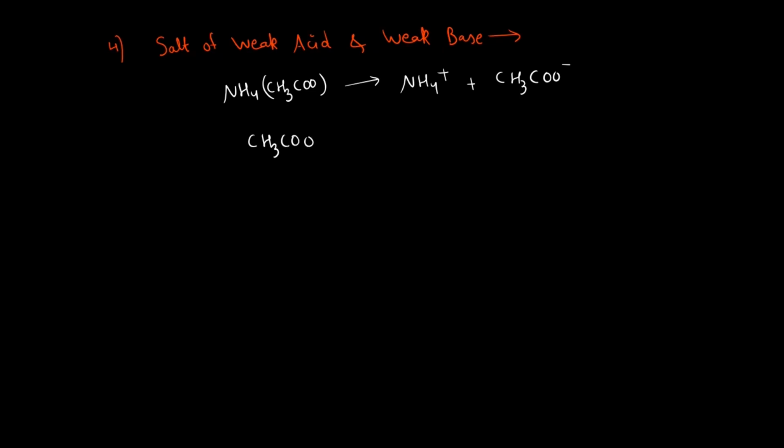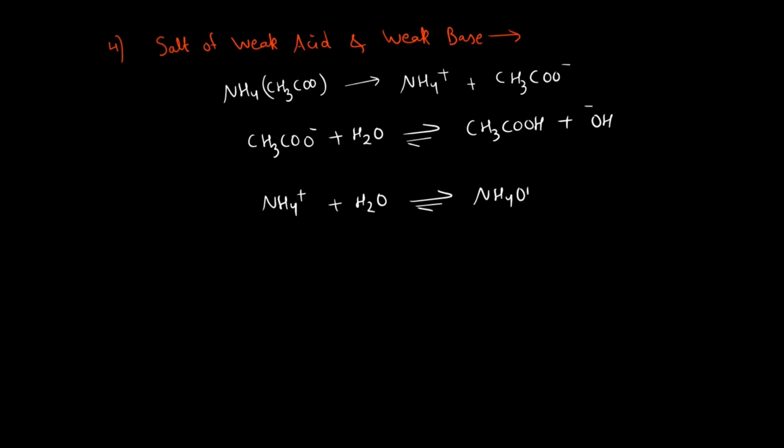Acetate ion can react with water in an equilibrium reaction to give acetic acid and OH negative ion. And our ammonium ion can also react with water in an equilibrium reaction to give us ammonium hydroxide and H plus ion.